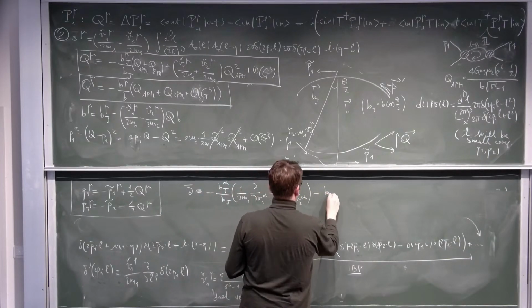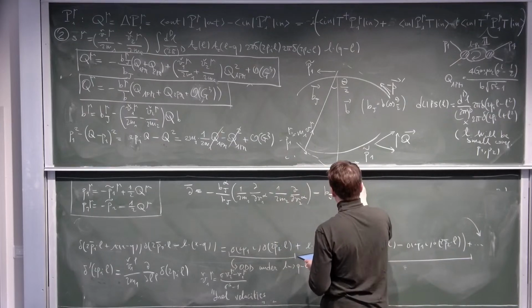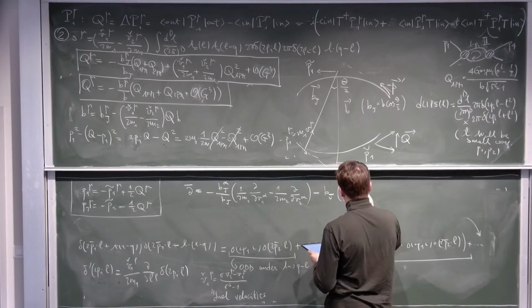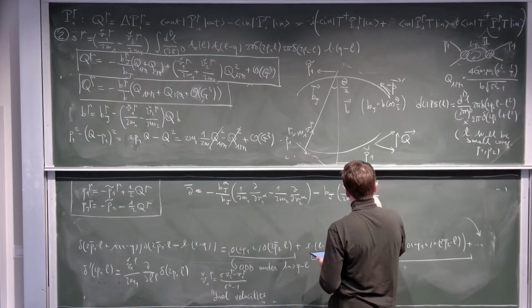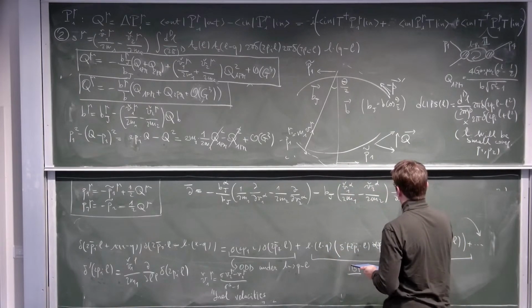And there is both a piece that involves derivatives with respect to v and a piece which involves derivatives with respect to b, bj.